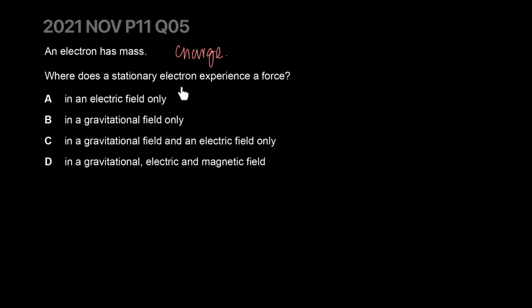Where does a stationary electron experience a force? In an electric field. So it'll be attracted to a positive plate and be repelled by a negative plate, but that's not the only place it experiences it. In a gravitational field, yes, because it has mass. But in a gravitational field and an electric field, I think we have our answer, right?